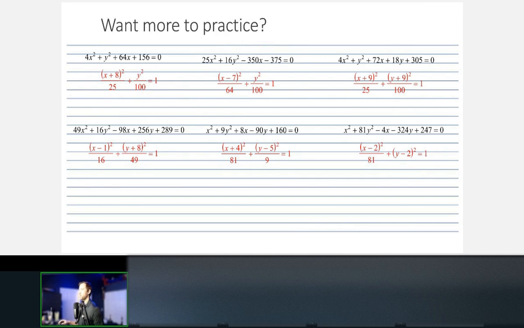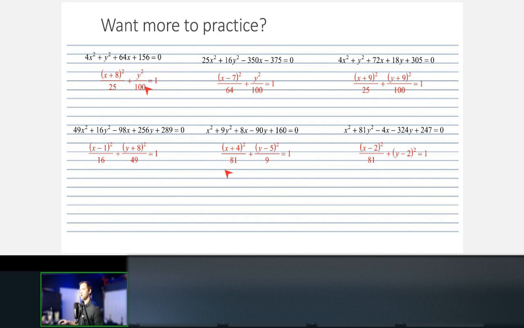And then if you want more practice, I do have more. So I got these 6 examples here. And I give all of these in general form. And then the answers I have in standard form. But if you want practice from one to the other, just show the work.